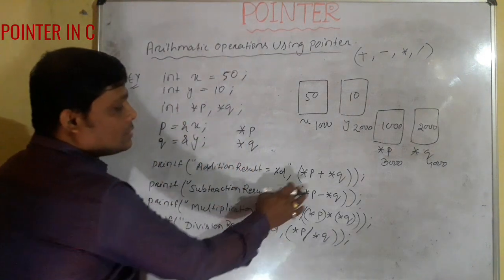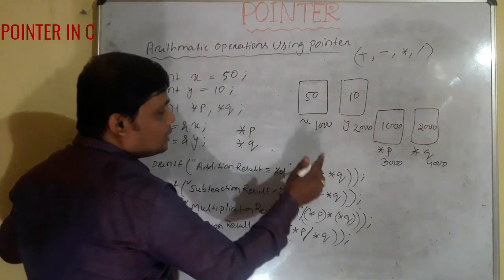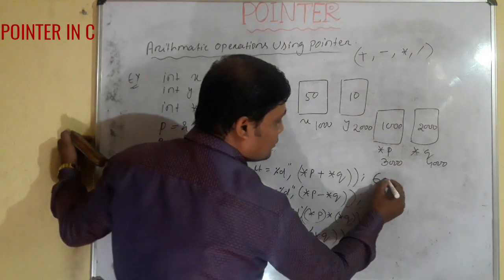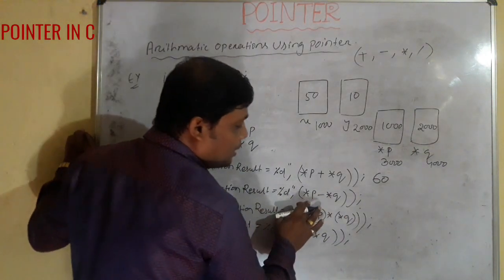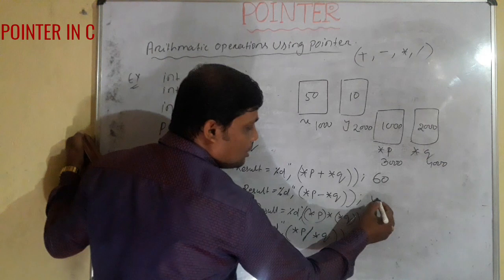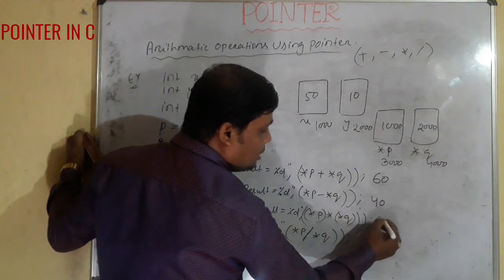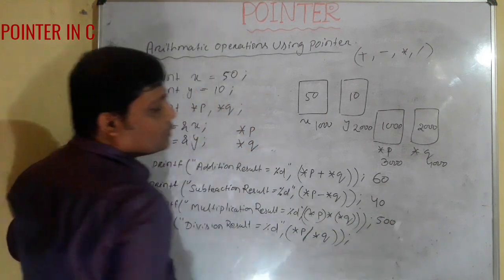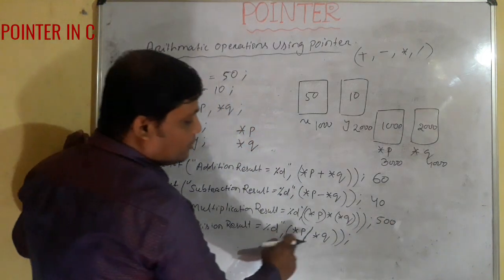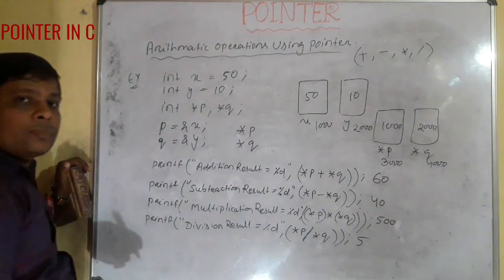So what will be the result? Star p means 50 plus this is 10. This will be 60. Clear? And this will be 50 minus 10, it will be 40. This is 50 into 10, this will be 500. Clear? Then this is 50 by 10, this is 5.